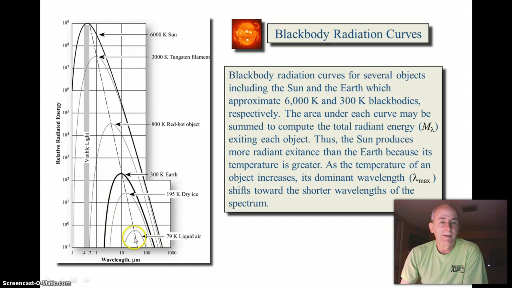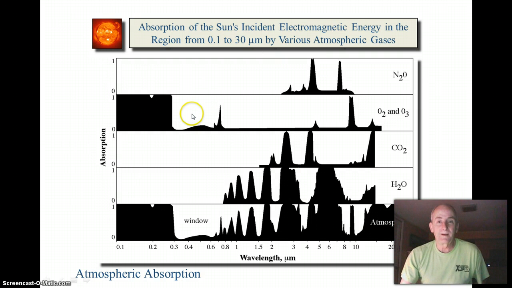You can see that the peak of each of these curves shifts to the right on this logarithmic wavelength scale, meaning, I guess, higher temperatures, more energy, and certainly higher frequencies and shorter wavelengths for higher temperature objects. The hottest object that we normally consider is the 6,000 Kelvin sun.